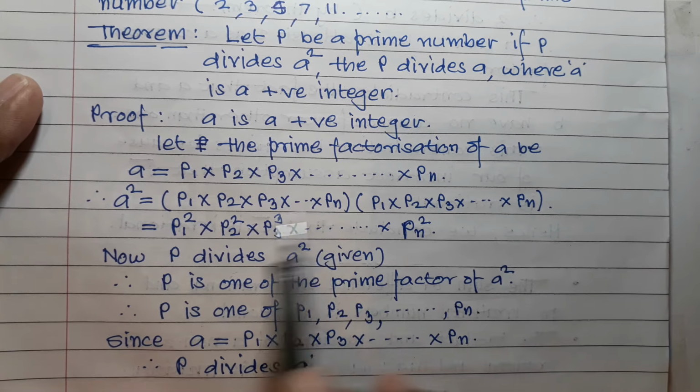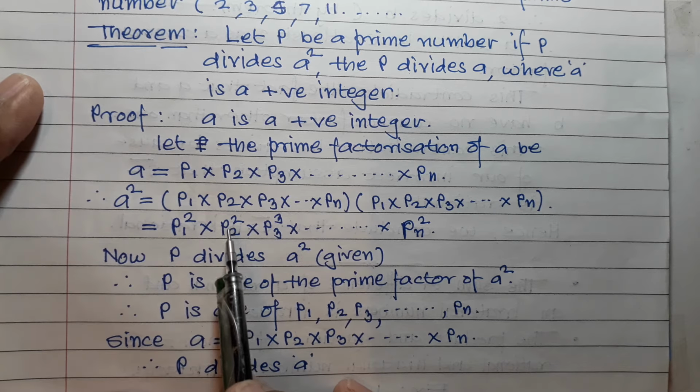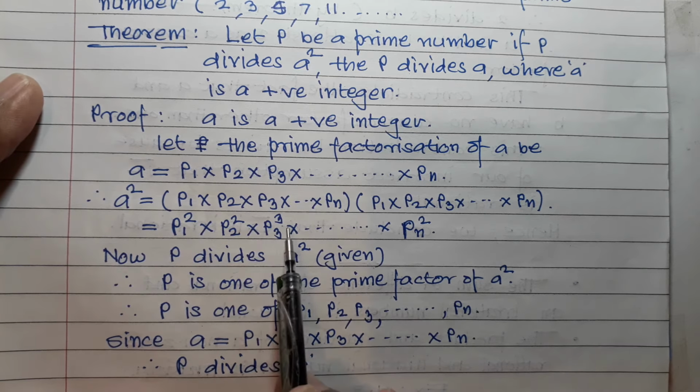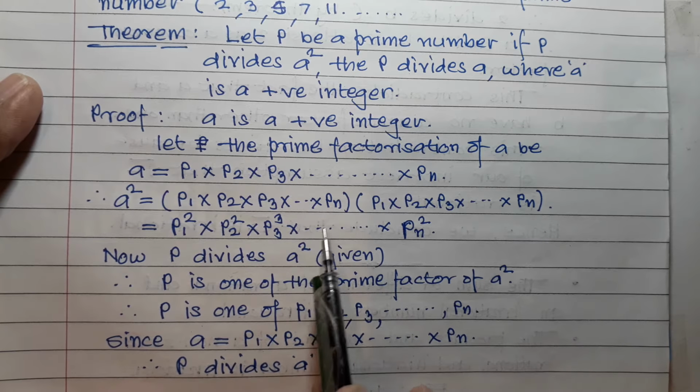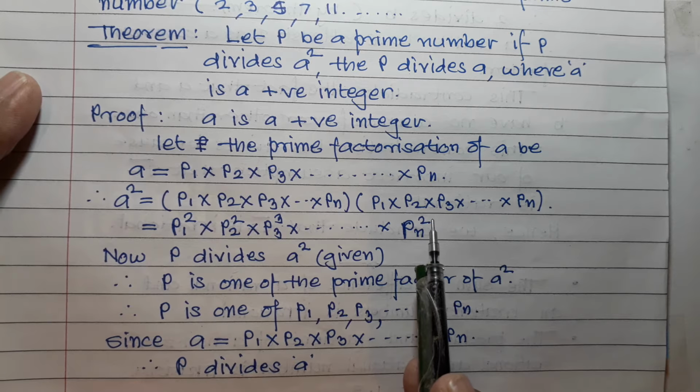So a square is equal to p1 square into p2 square into p3 square into dot dot dot into pn square.